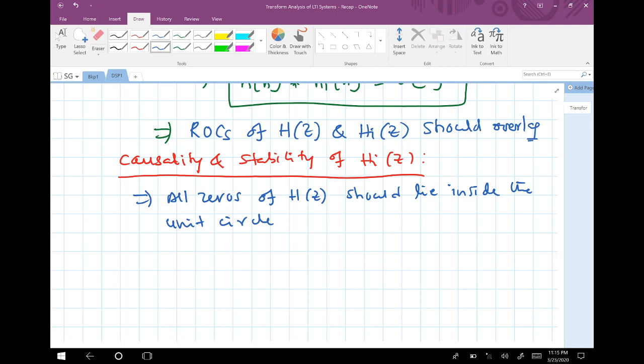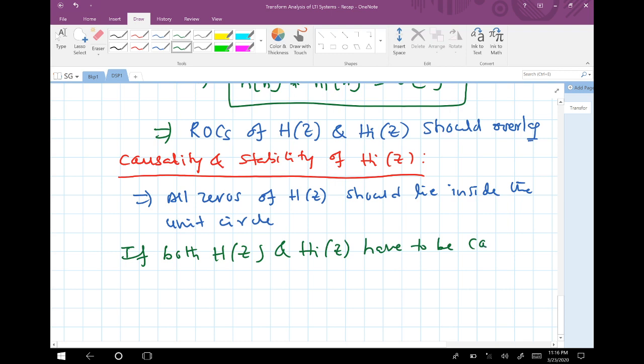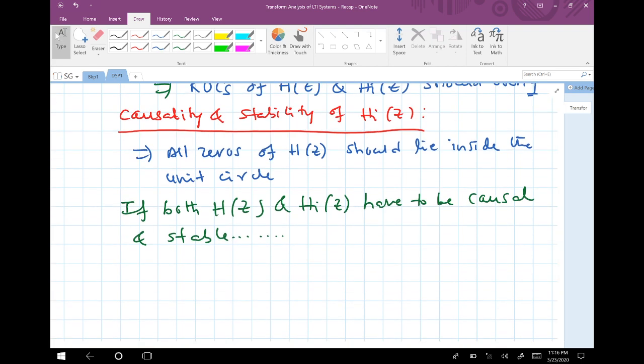Now combining both, if both H(z) and Hi(z) have to be causal and stable, what should happen now? How could we ensure this? This is just a combination of both.